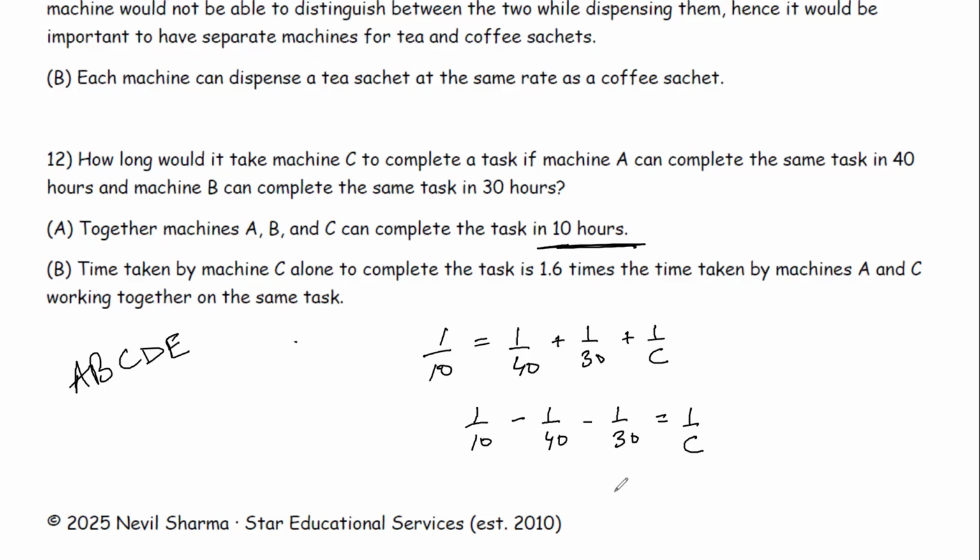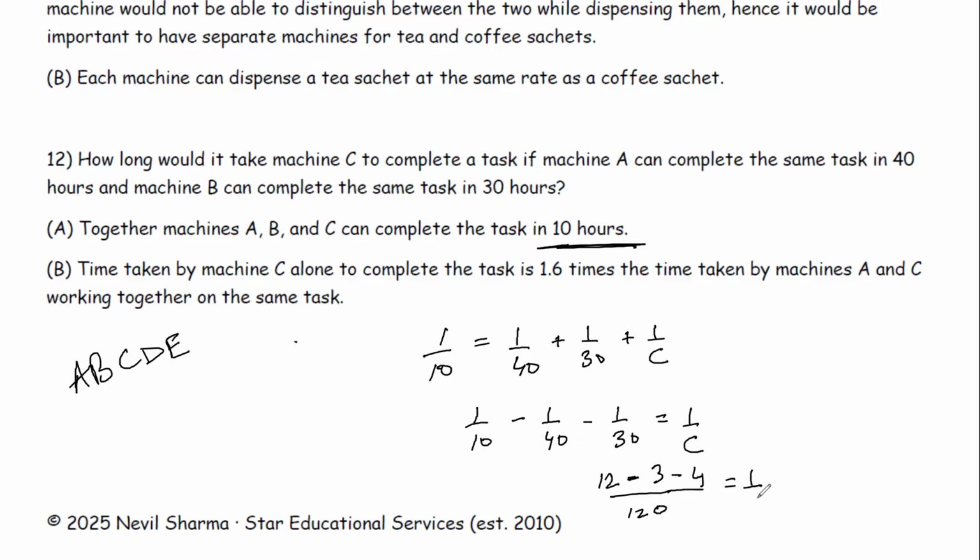If we use 120 as a common denominator, then 10 goes into 120 12 times, 40 goes into 120 3 times, and 30 goes into it 4 times.